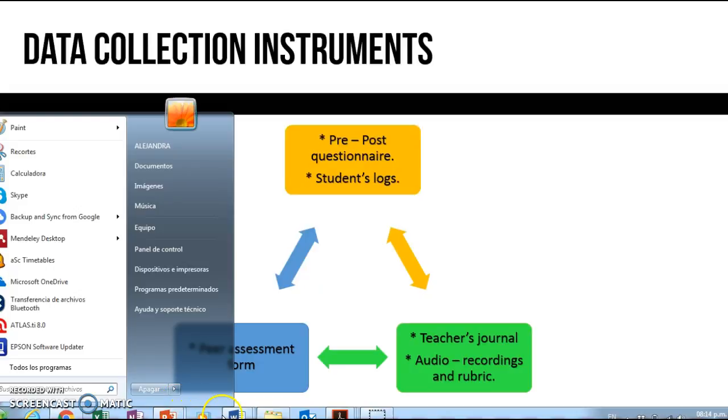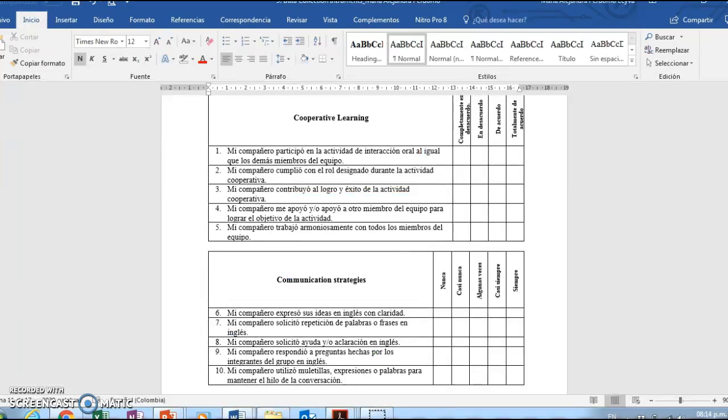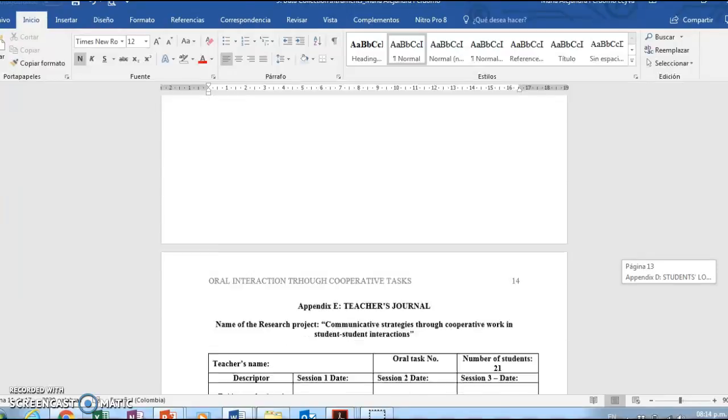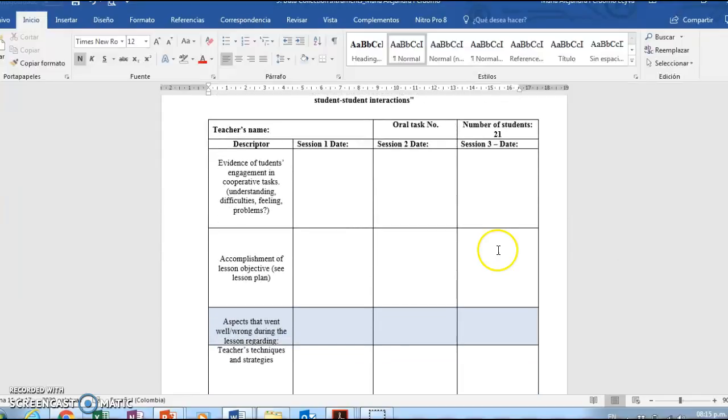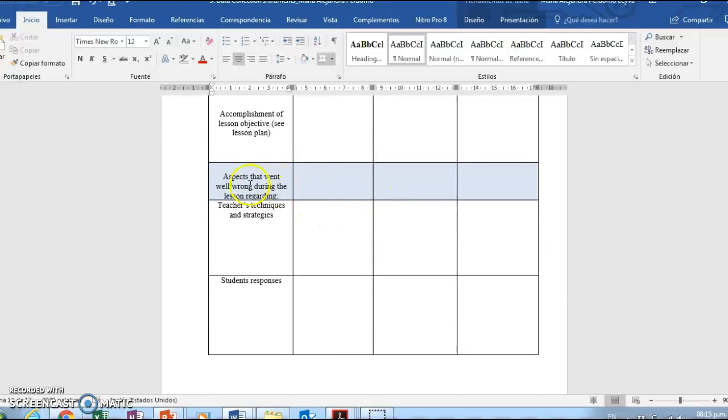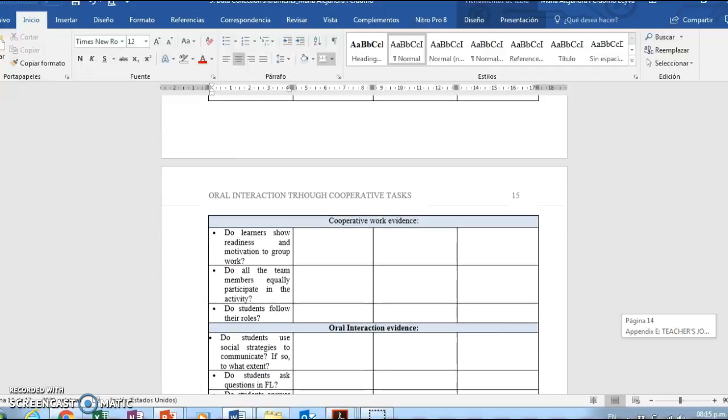In the teacher's journal, the form is divided into sections, which are the evidence of the students' engagement in the cooperative task, the accomplishment of the lesson objective, what aspects went well or what aspects went wrong during the lesson, taking into account the teacher's techniques and strategies to train in the communicative strategies, and also how the students respond to this training.